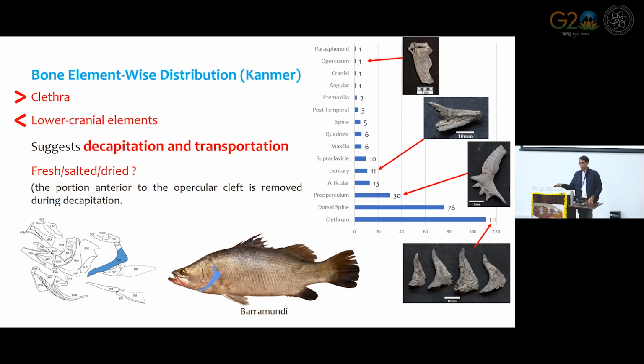When we see the density of these bones, they are all equally dense. That means if the cleithrum bone was preserved, then the other bones should also have been preserved. But that didn't happen here. This is an indication of decapitation or processing of the fish at the fish landing site, and they only brought some portion, the consumable portion, to the site. Whether they transported it in fresh form, salted form, or dried form is a question to be solved.